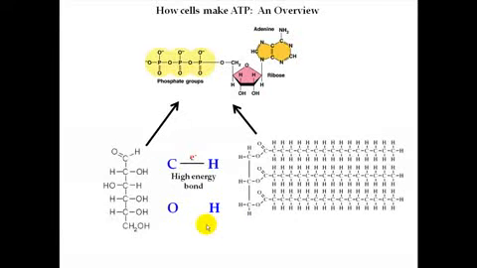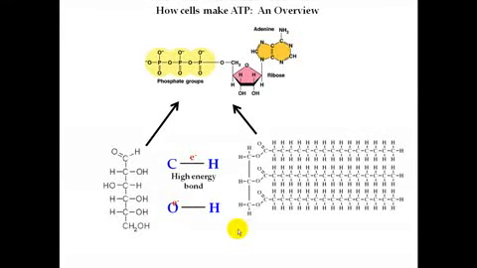Because of that different level of electronegativity, if these two atoms were to share an electron, that electron would be spending more of its time around where the oxygen is. And because that hydrogen atom has a relatively weak pull for that electron as compared to the oxygen, there really isn't a lot of strain being placed on that electron. In other words, there's not a lot of potential energy in this bond.